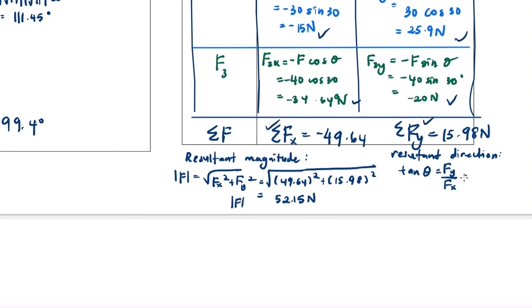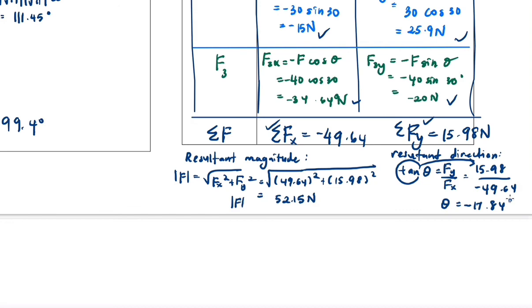So Fy kita is positive 15.98, Fx kita is negative 49.64. Kita dapat theta kita equals to shift tangent, so kita akan dapat theta kita equals to negative 17.84 degree.